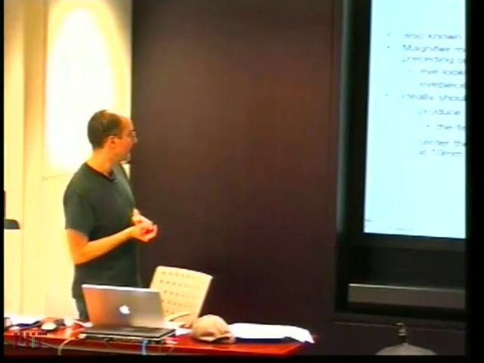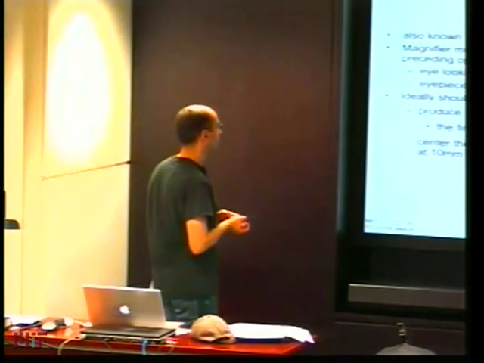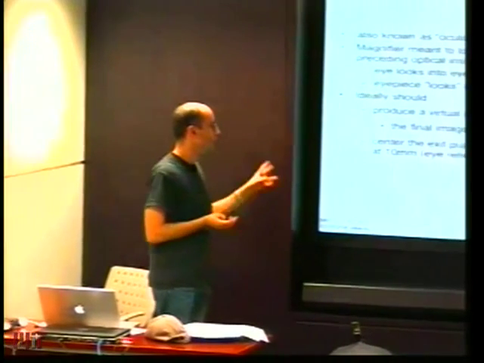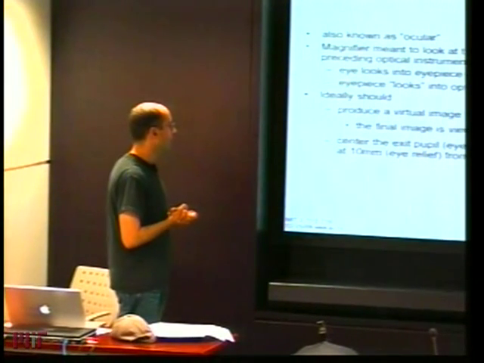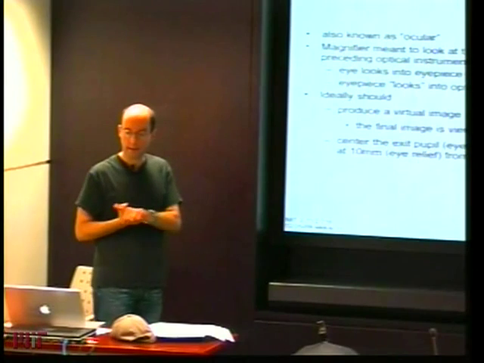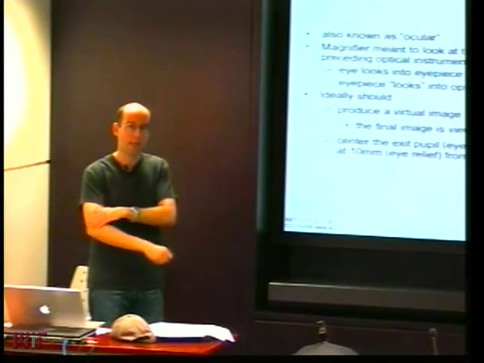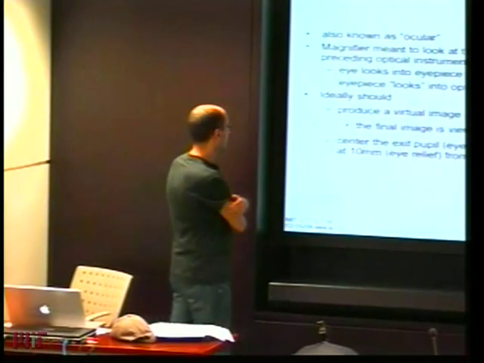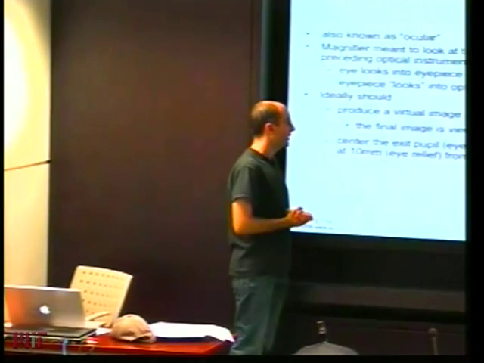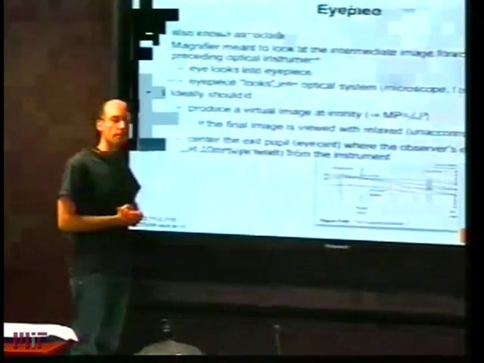And there's a second condition for the eyepiece, which will become a little bit more apparent in the next slide when I talk about the microscope. It is this one over here. This looks a little bit cryptic.